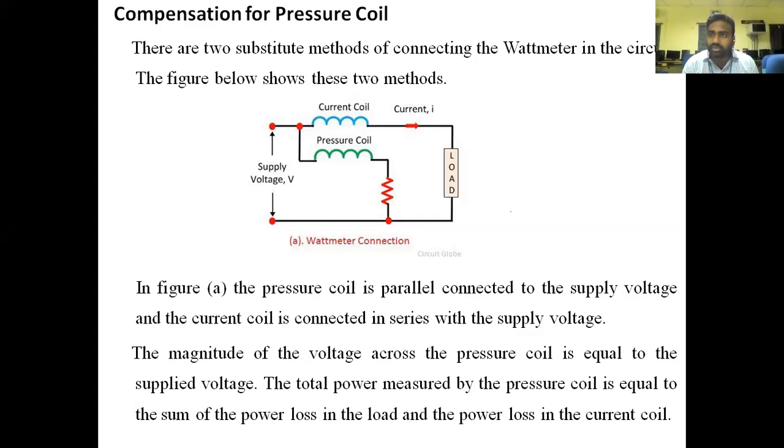But in an LPF wattmeter, we have to limit the resistance of the pressure coil, or the moving coil, to a low value, such that a high amount of current will flow through the moving coil, and there will be a deflection.